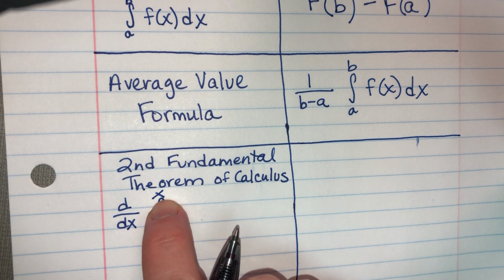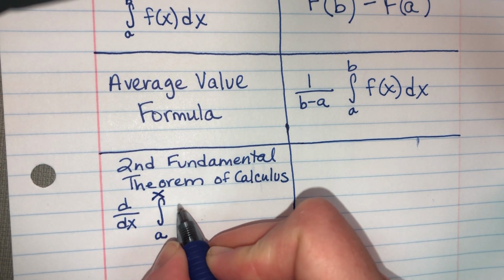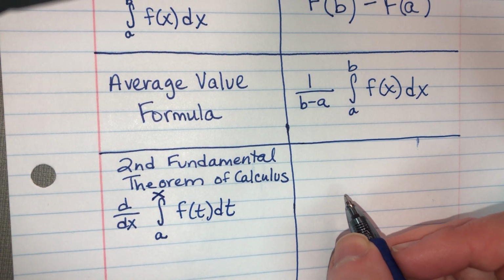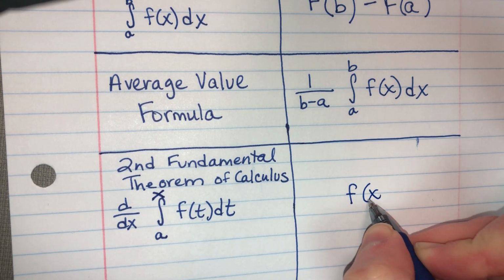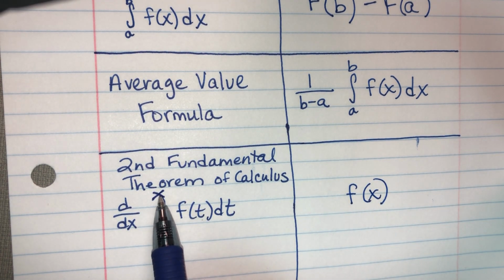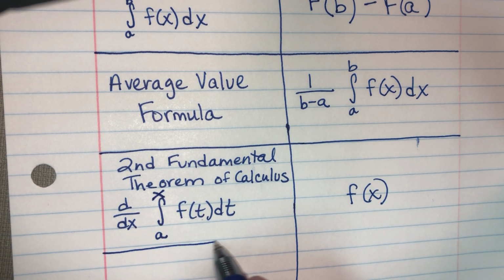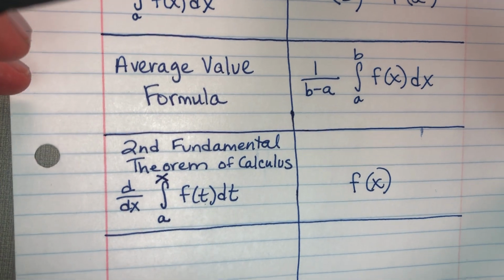So my ending value on the top is a variable, x, of f of t dt. The answer to that is just going to be f of x. So basically this variable on top drops into your function to become the independent variable, and that's it. You're done. We'll look at some examples so you can see how that plays out.